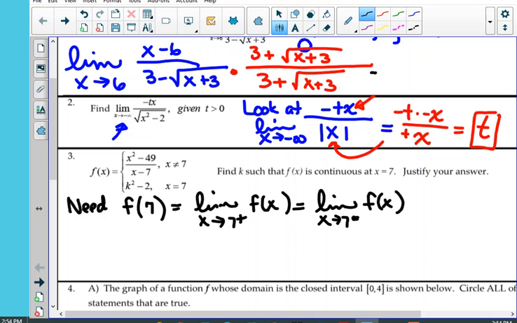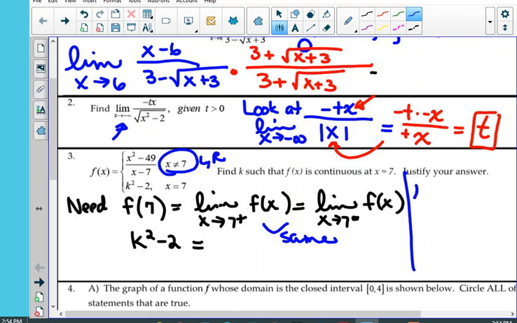So f of 7, well, when x equals 7, the function equals k squared minus 2. These two limits are going to actually be the same, because notice x not equal to 7 incorporates the left and the right limits.